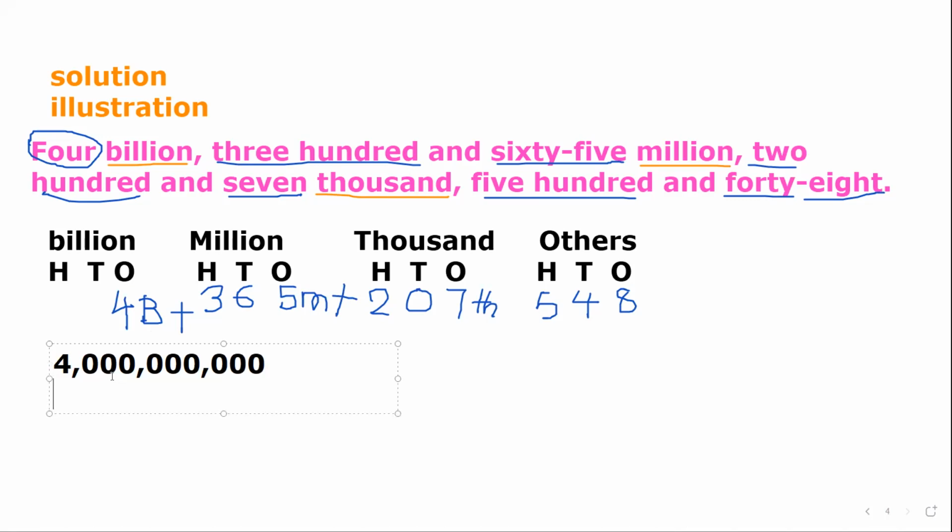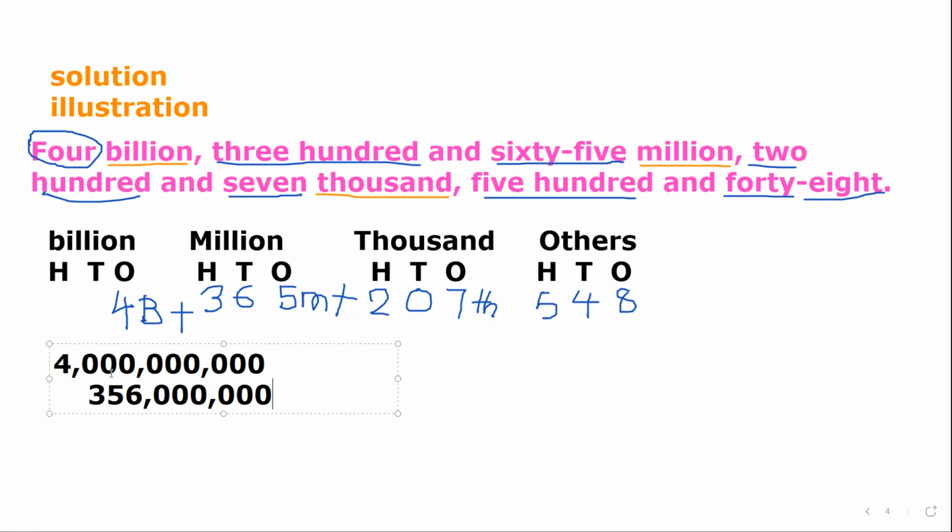Now the million also possesses 6 zeros. Now we have 365, then the 6 zeros: 1 2 3, the comma, 1 2 3.